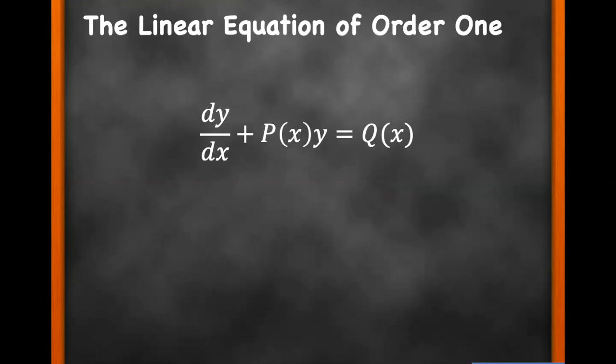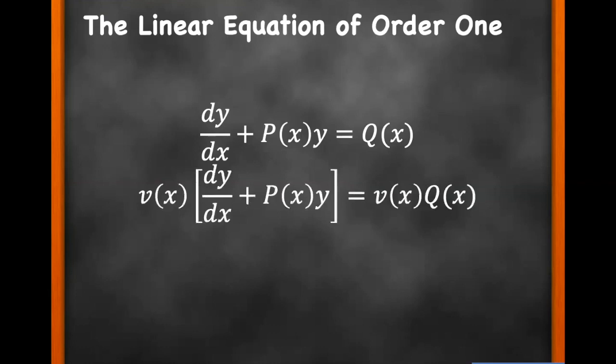For the moment, suppose that there exists for this equation a positive integrating factor, represented by v of x. So we are after making this equation an exact equation, wherein the standard form multiplied by this factor makes this equation an exact equation.